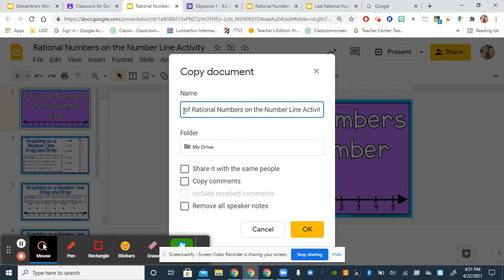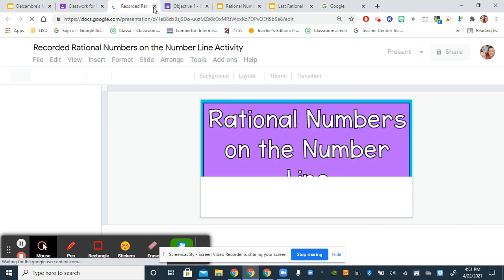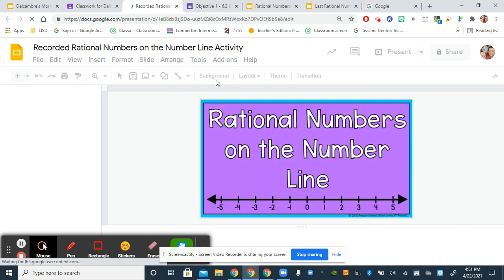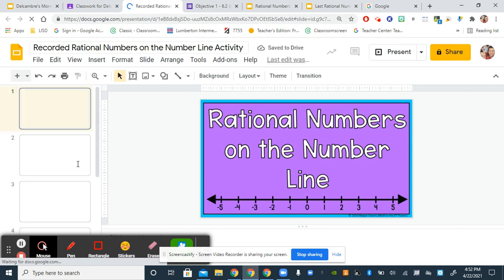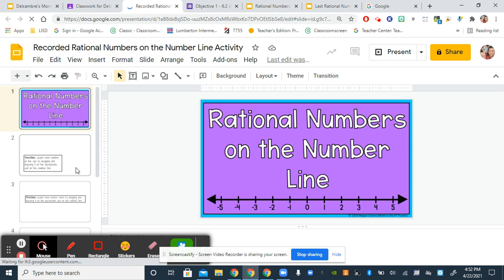I'm going to put Recorded Rational Numbers. Here's my new copy. If you already had your name on there, you do not need to do that.